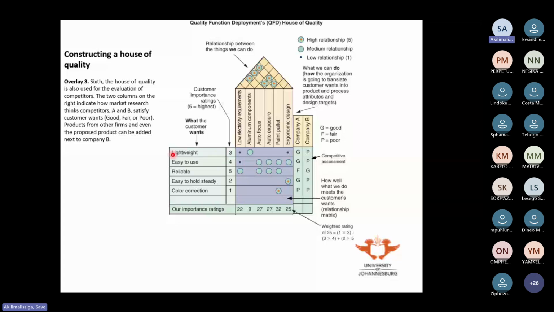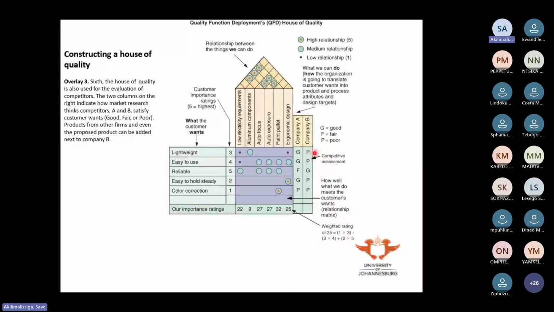Based on your own analysis, if you are building this from scratch, you might say poor, for instance, right? So again, this depends on you and your team and your understanding of your competitor's product. You see company B here, in terms of satisfying this lightweight requirement, they are poor, right?